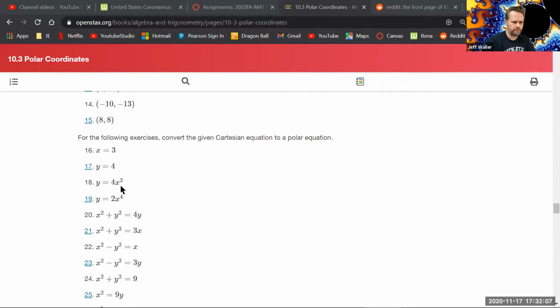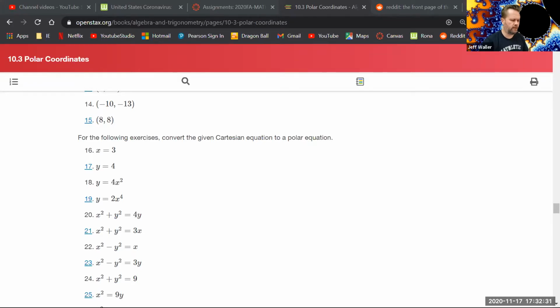So this dude here, right? Y equals 4x squared, and it says, convert this to a polar equation. Sorry, all of my technology was flipping out for a second. So guys, help me out.